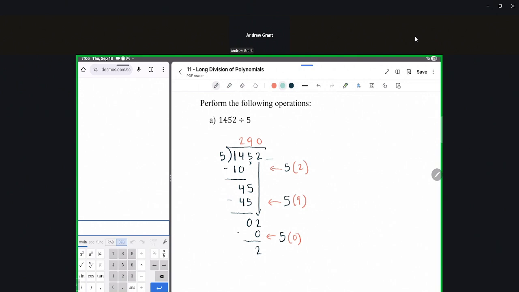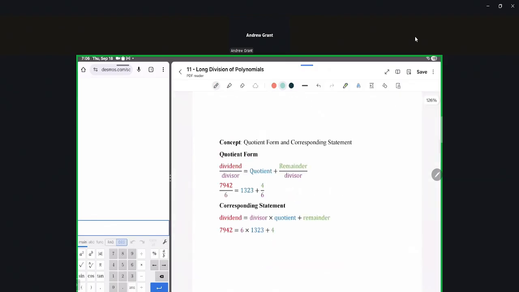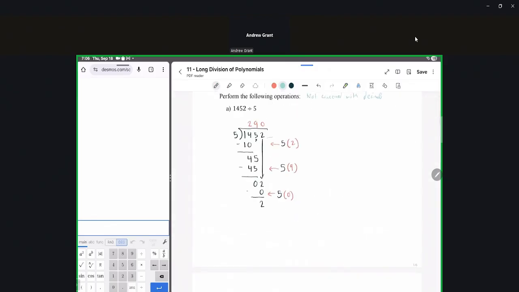From the past, you might remember, hey, do we just start putting in decimals? No. For our purposes here, we are not concerned with decimals. Okay, so that's what our long division looks like.